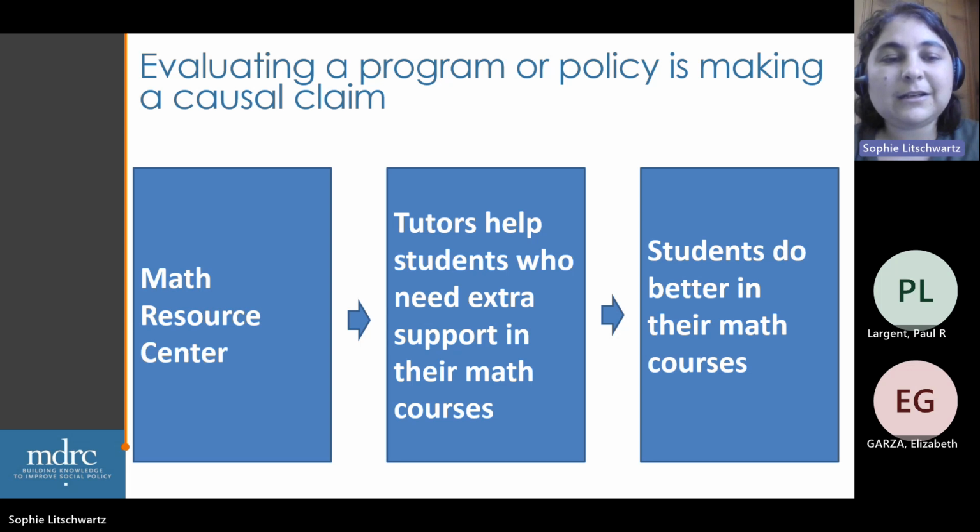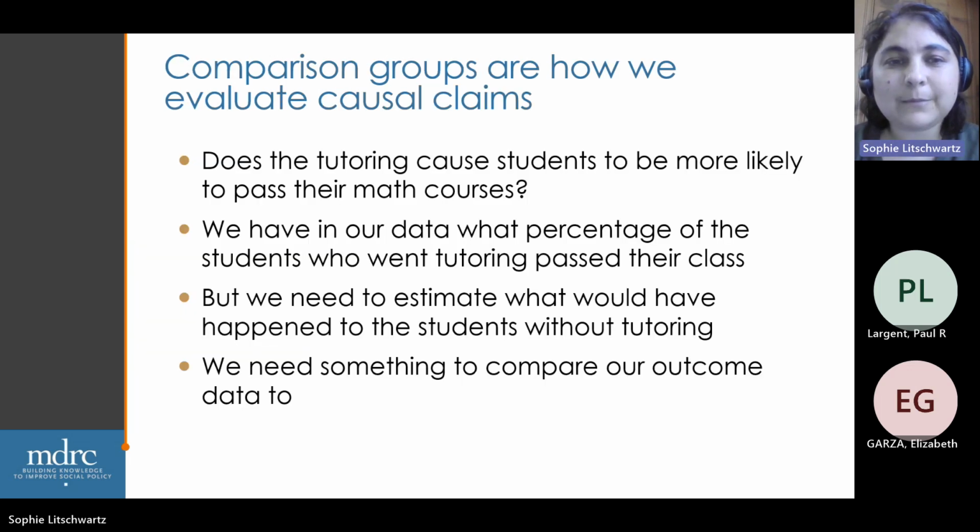In fact, if I look at my logic model here, all these little arrows are causal claims, as in I think I'm making something happen. So I'm thinking that the tutors are going to help the students, and that's going to make them do better in a math course. And comparison groups are really how we evaluate causal claims. Does the tutoring cause students to be more likely to pass their math course?